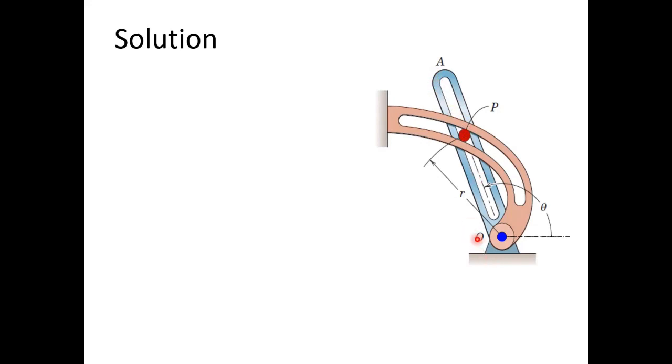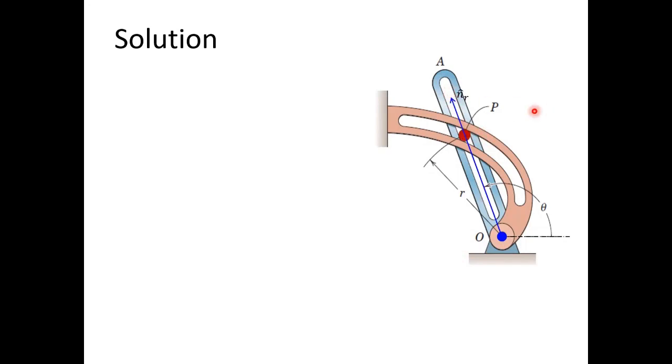This arm OA rotates about this point O, so we'll make measurements from the turning point, or point of rotation, O. This is the radial direction, and I can define my n hat r direction radially outwards like this.